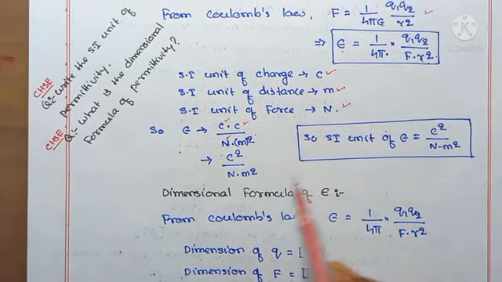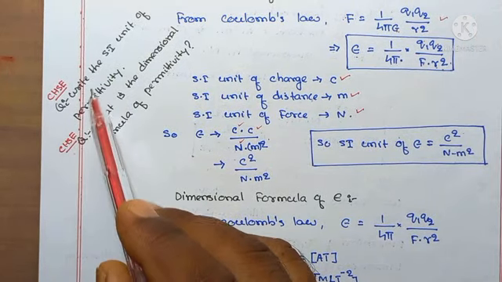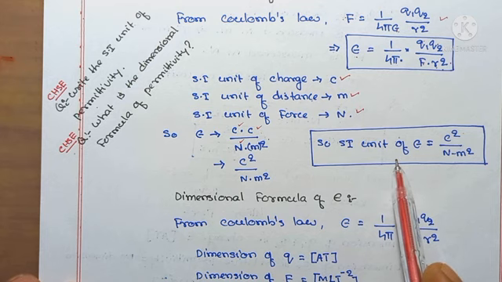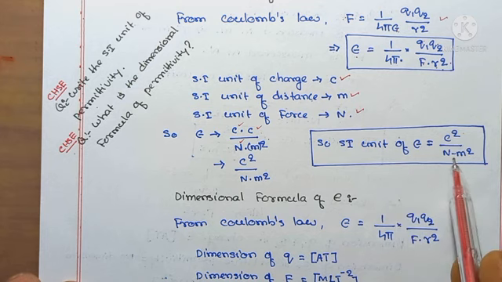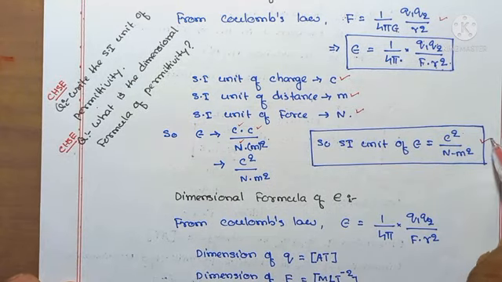The question asked in CHSE board and CBSE board is to write the SI unit of permittivity. If you are not able to remember it directly, you can calculate it easily using this method.